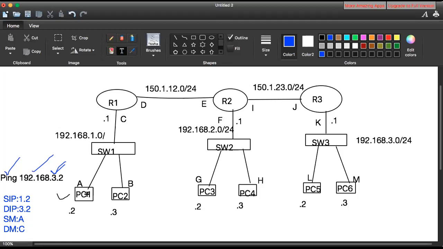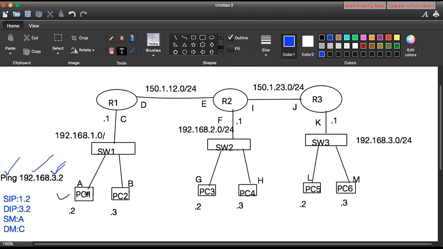I think because ARP is a broadcast, if it sends to 3.2 it will be broadcast to all. Yes, initially the broadcast goes to switch one, to which the default gateway is connected. It will broadcast, and maybe that's why it has to know the first router 1.1 MAC address.